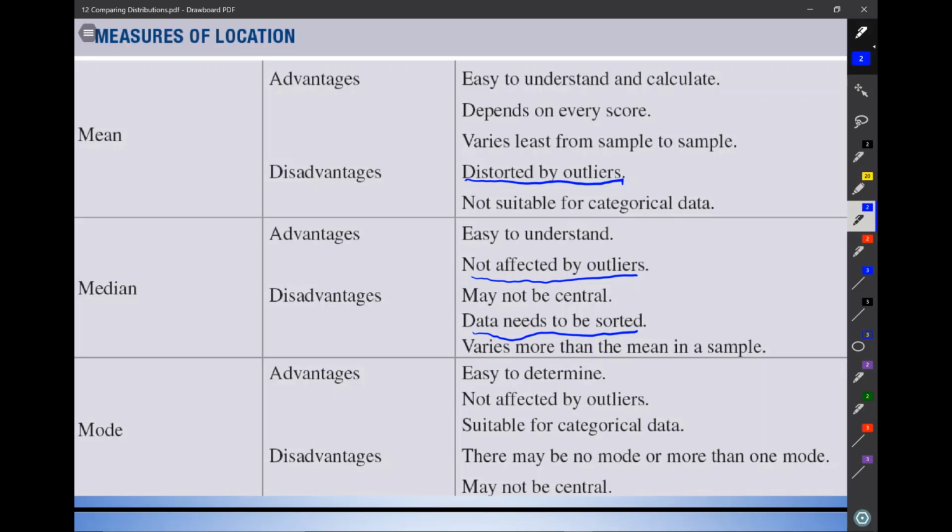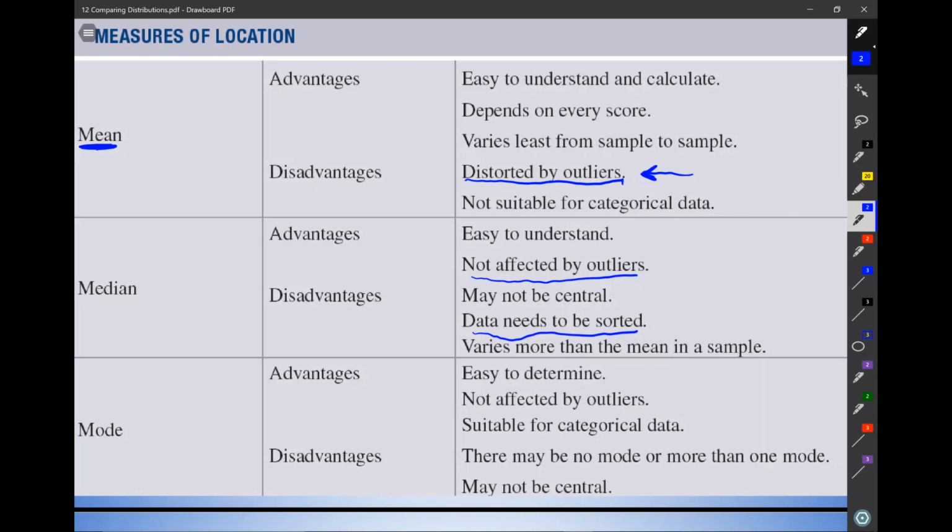So let me give you an example here. If you want to calculate the average household income in Australia, if you use the mean, you don't really get an accurate picture of what the average household income is because the mean gets very heavily distorted by people at the higher end of the scale.